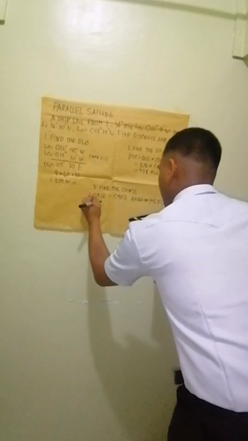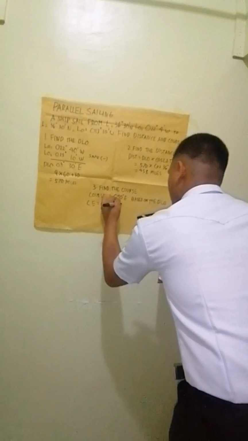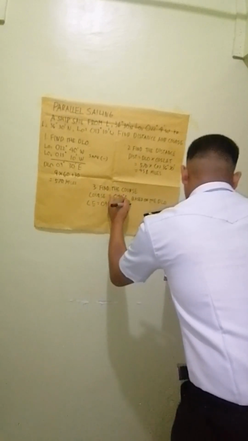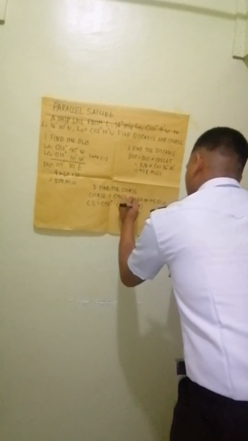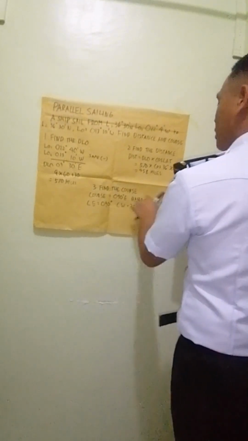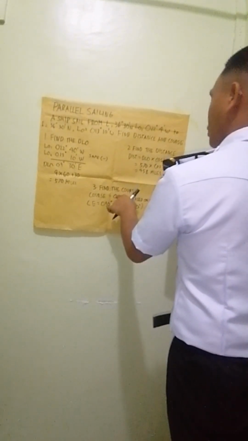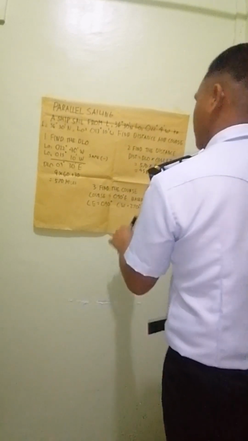Eastward or east is 90 degrees, and 270 if west. Then based on the DLO, the course is 90 degrees east.